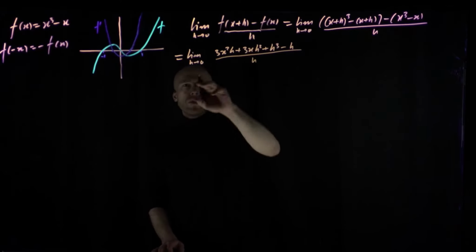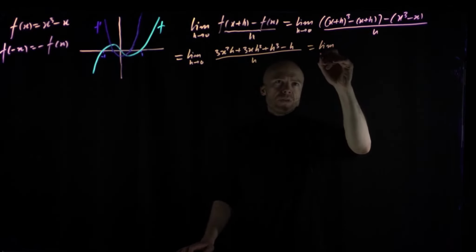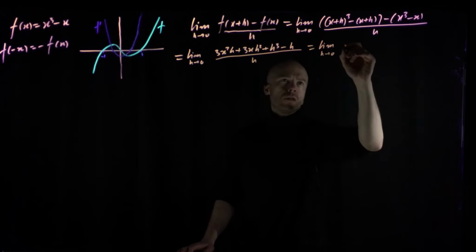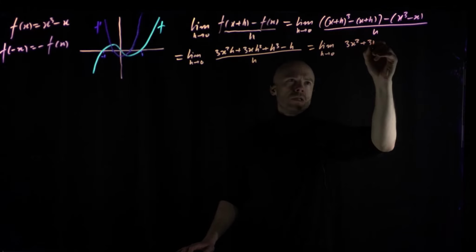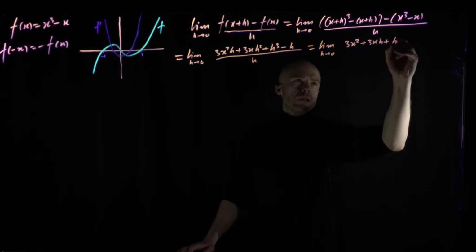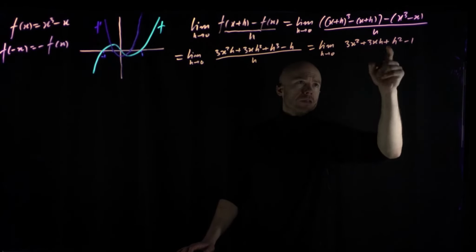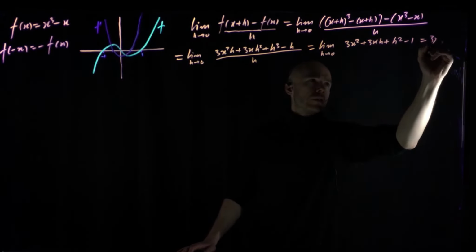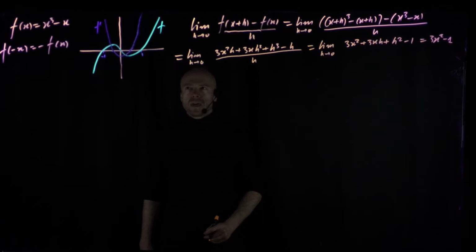And since h is going to 0, it's not actually 0, so we can cancel the h. This is the limit as h goes to 0 of 3x squared plus 3xh plus h squared minus 1. And then the limit as h goes to 0, this and this drops out, so it's just 3x squared minus 1, and that's it. That is our answer.